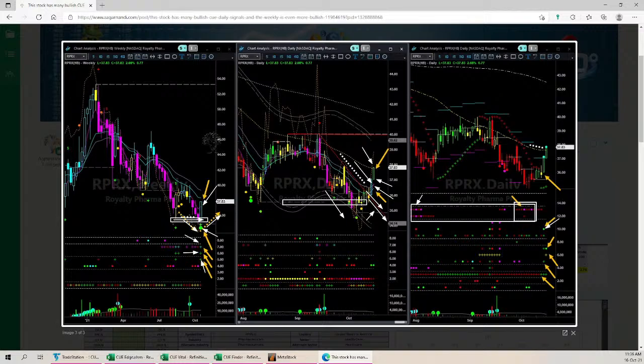On Thursday, it also gave us the biggest up move of 1 month, 2 kahunas in a row from a squeeze, and there was a Mobo breakout earlier. RPRX looking very bullish.